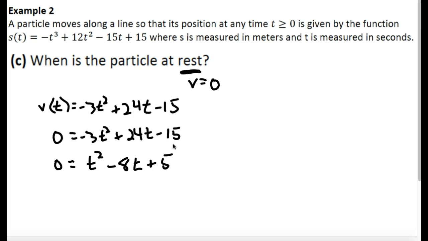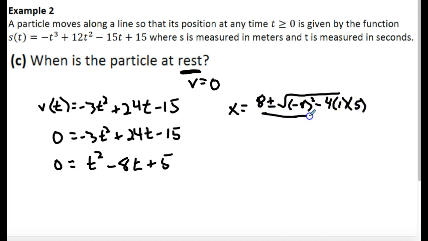Now, this will not factor, right? There are no numbers that multiply to positive 5 that add to negative 8. So if we wanted to do this by hand, we would need to use the quadratic formula. So I can say x equals the opposite of b, which would be positive 8, plus or minus the square root of b squared, so negative 8 squared, minus 4 times a times c, all over 2 times a.